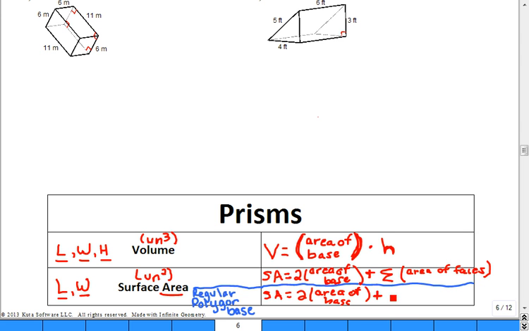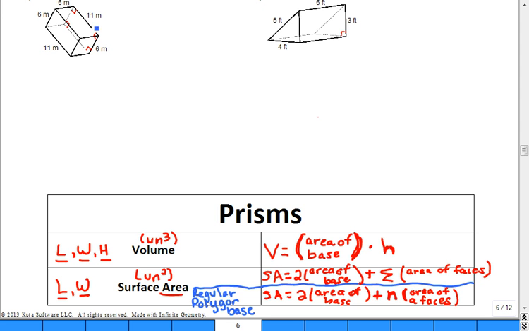So we're going to have n of those, n being the number of sides, times the area of our faces. Since they'll all be the same, we just multiply the area of one of them by how many of them there are. So let's work a couple of problems.